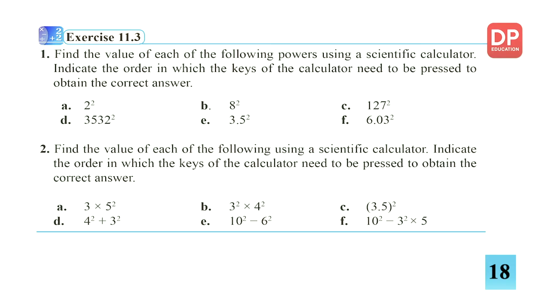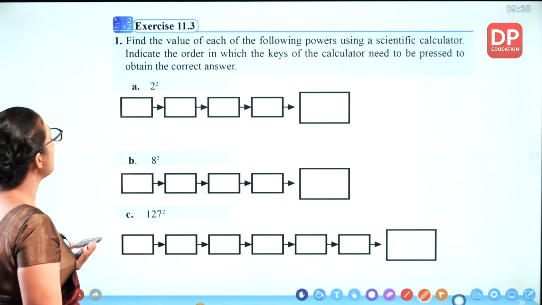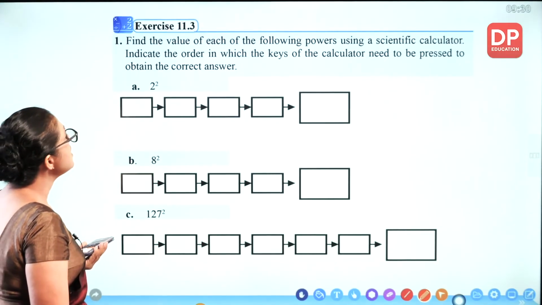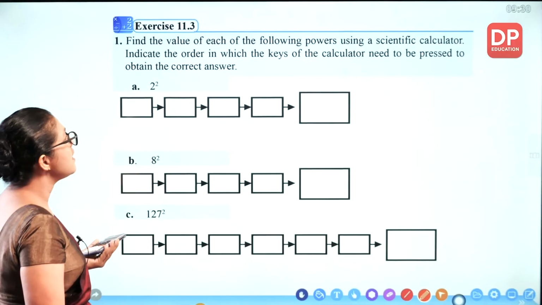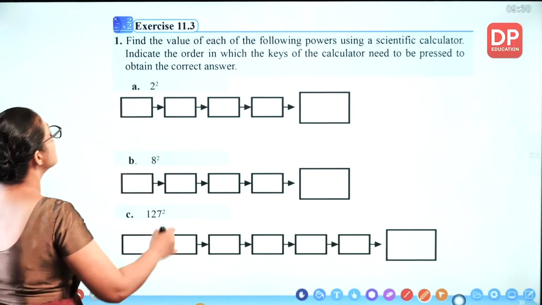Exercise 11.3. Find the value of each of the following powers using a scientific calculator. Indicate the order in which the keys of the calculator need to be pressed to obtain the correct answer.